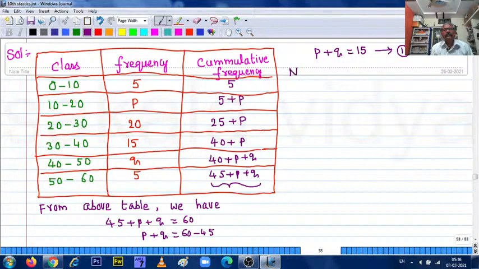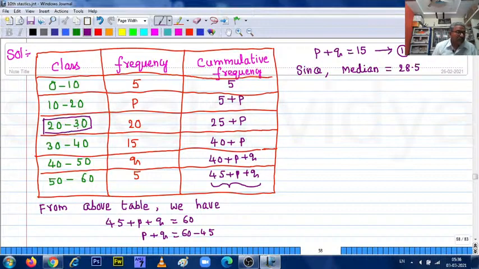And now total frequency n is equal to 60, n by 2 find out. And moreover, the median is given. Median is equal to 28.5. This 28.5 lies in the class 20 to 30. So 20 to 30 is called the median class.